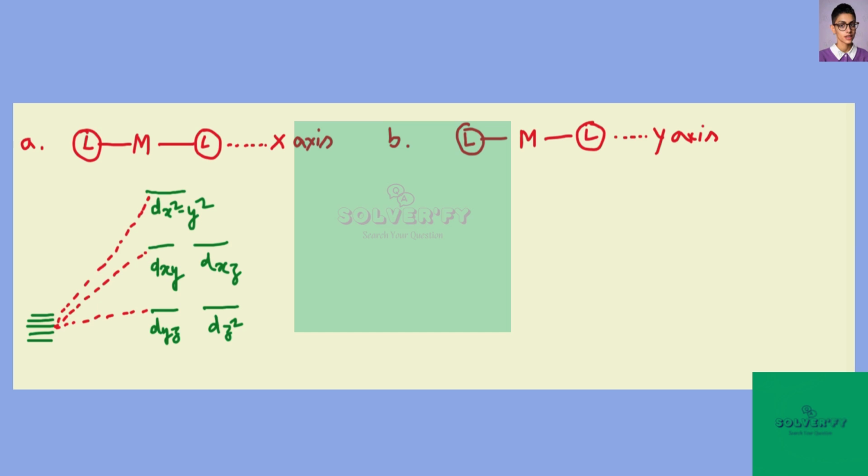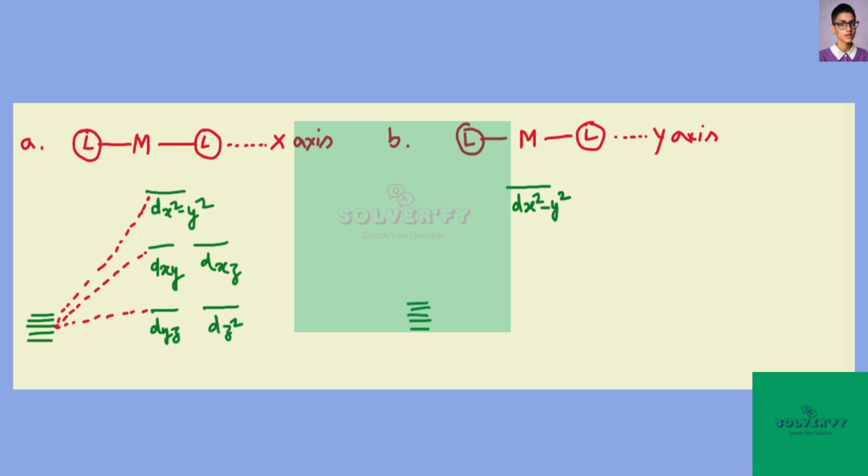So if these are the 5 orbitals here also, the highest energy should be in the orbital along the y-axis, where the ligands are coming and repulsion is maximum, which is dx square minus y square.